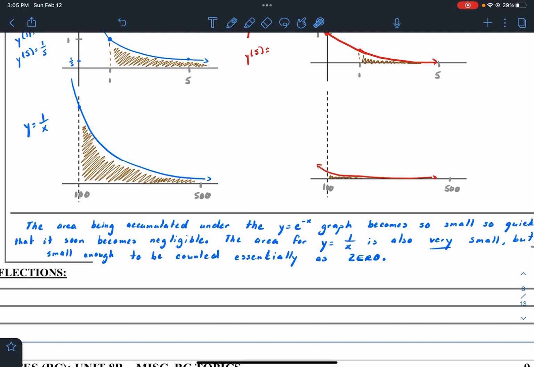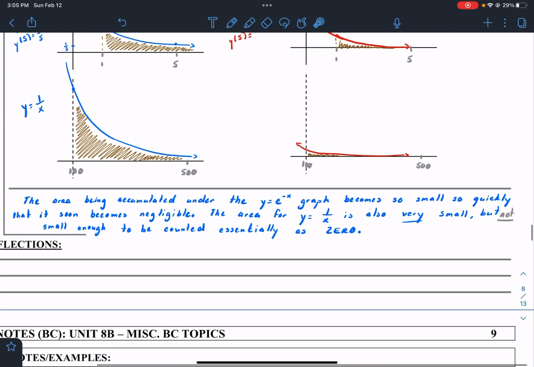The idea is, I'm approaching 0, but I'm approaching 0 fast enough, and that's what it means to converge versus diverge. I went ahead and wrote a note that the area being accumulated underneath the y equals e to the negative x graph becomes so small so quickly that it soon becomes negligible. It has to do with how fast you're getting to 0. And the area for 1 over x is very small, but it's not small enough to be counted as 0. And that's the difference between converging and diverging improper integrals.